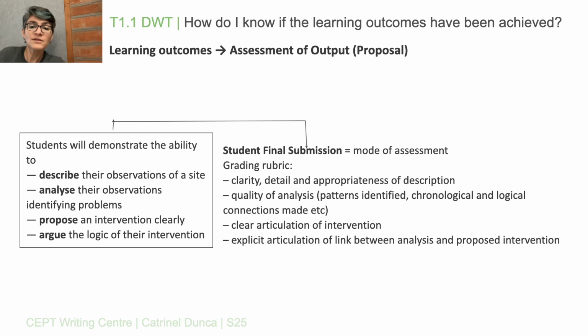But if my students are doing this for the first time, then I will probably divide and I will probably assess at various stages, right? But in this case, I've taken a call, I'm only assessing the final submission.